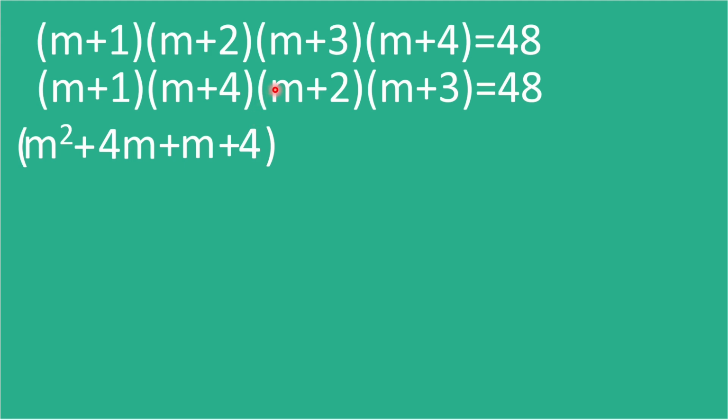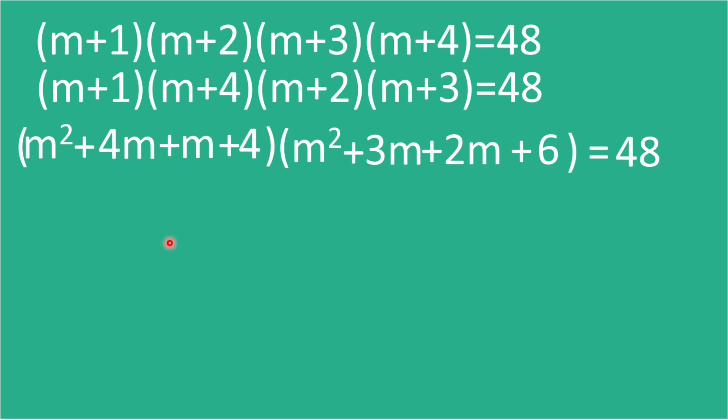And in the same way we will multiply this m with this m, so this will become m squared, and then plus this m with this 3, so it will become 3 times m, and this 2 with this m, so it will become 2 times m, and finally this 2 with this 3, so it will become 6, which is equal to 48.